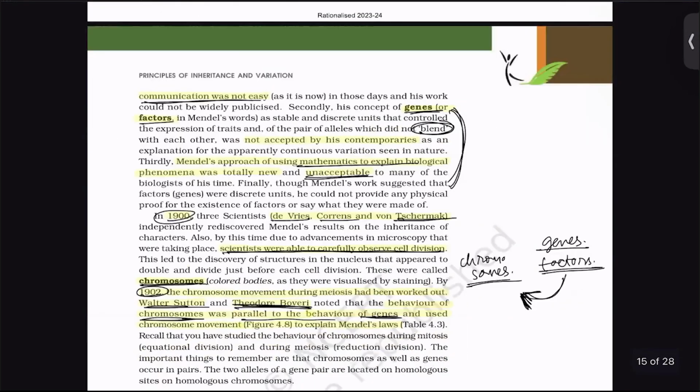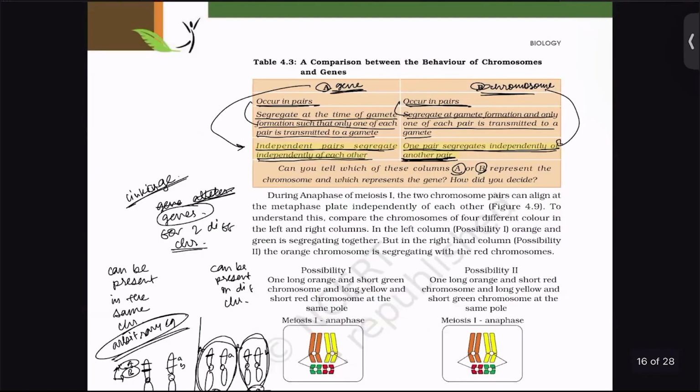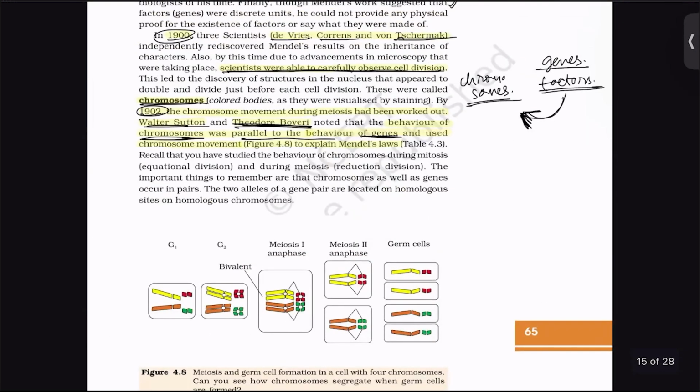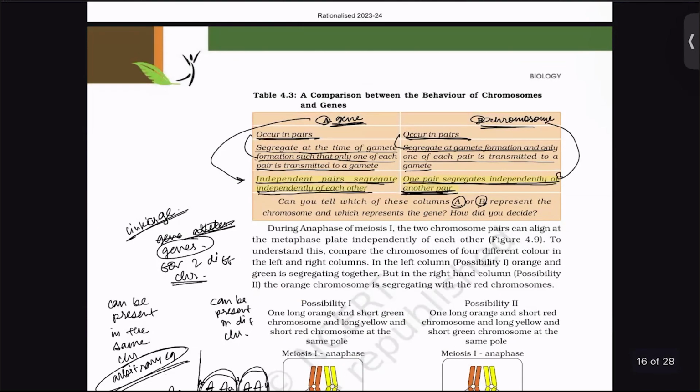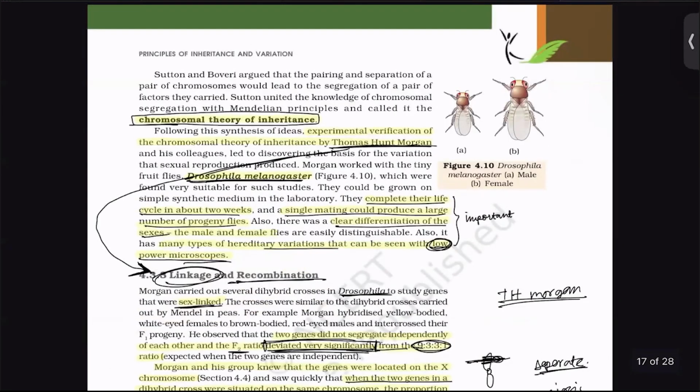So these were Mendelian laws, and we also came to know about the chromosomal theory of inheritance, which was given by Sutton and Boveri, and this box, which is particularly important. And this is chromosomal inheritance.